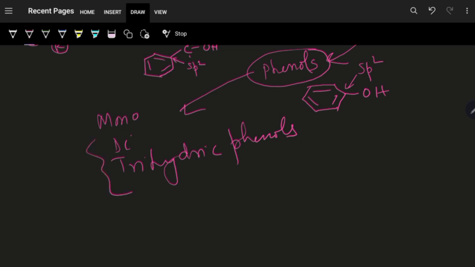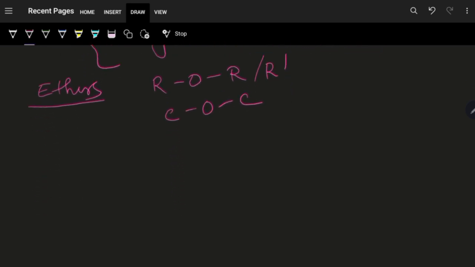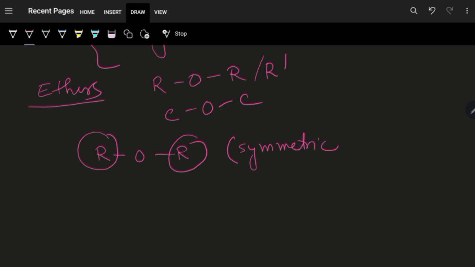Now when we talk about ethers, the ether linkage is R-O-R or R-O-R', because it has a carbon, oxygen, carbon linkage. If on both sides of the oxygen atom there are similar alkyl groups or the same structure, then these ethers are known as symmetrical ethers.